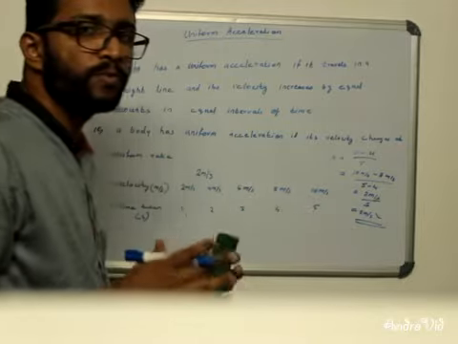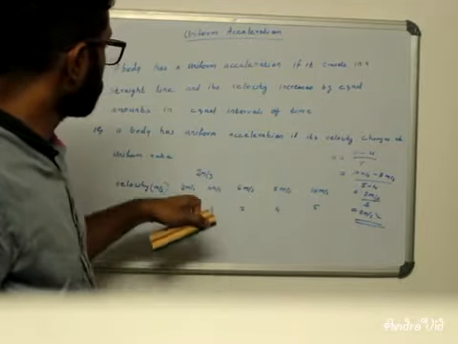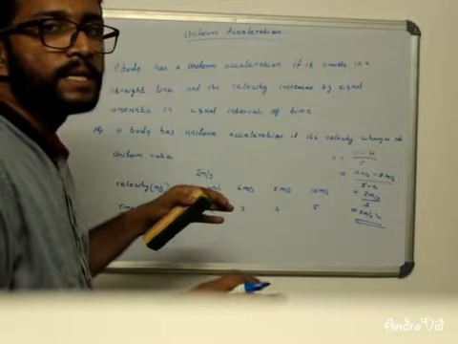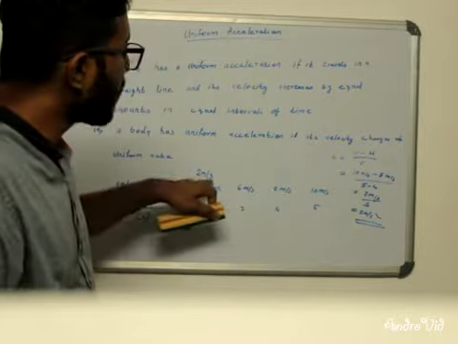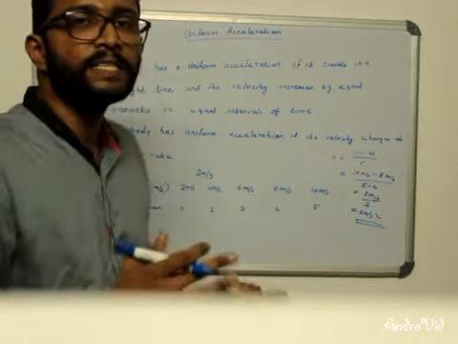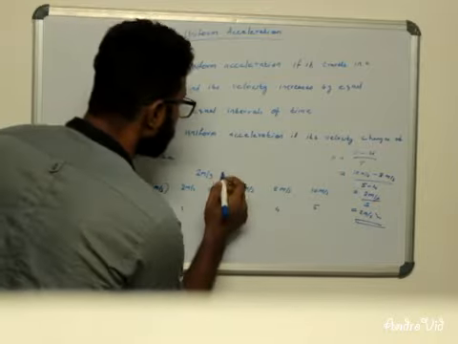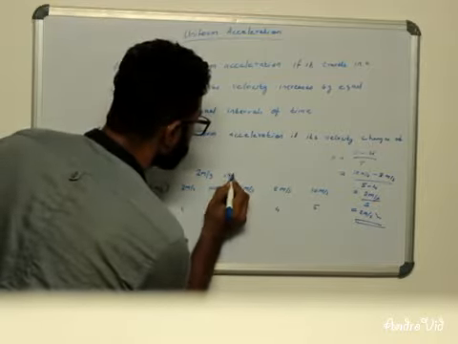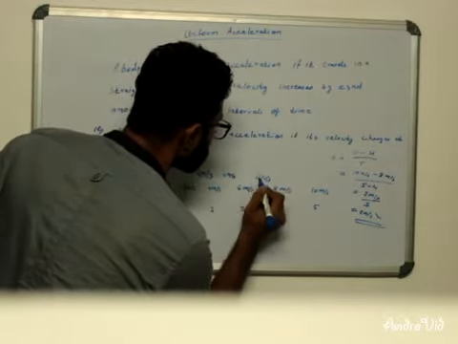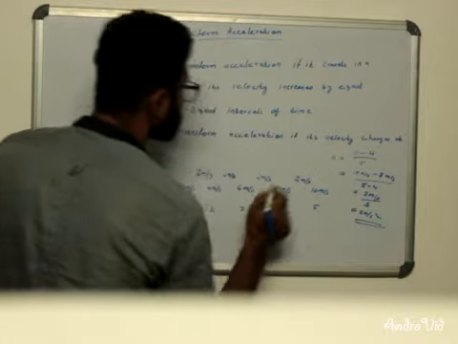So here, if you are checking, in every 1 second there is a change in velocity, and that change in velocity is uniform. That change in velocity is the same. So the change in velocity each time is 2 meter per second, again 2 meter per second, again 2 meter per second.